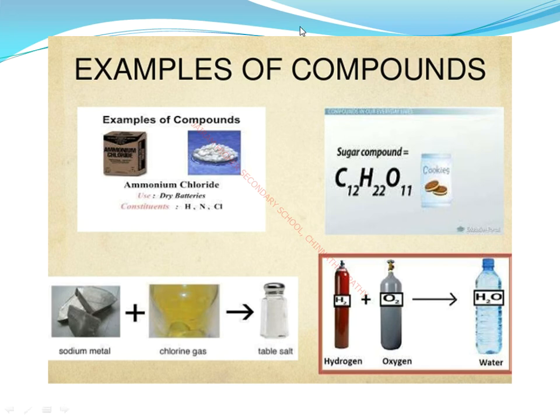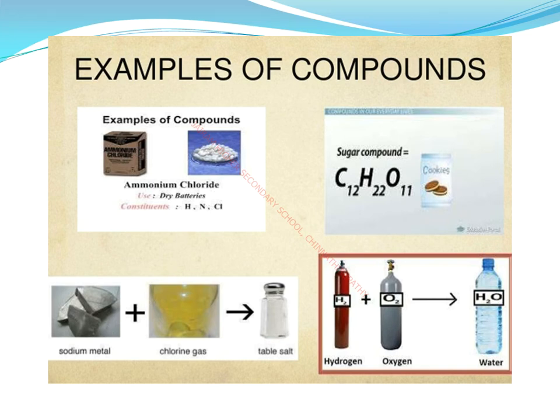And next, another example I have given: sodium metal, table salt, right? I told you, table salt. So what is the chemical compound present in table salt? Sodium and chlorine. NaCl is the chemical formula for table salt, which we use in our food.